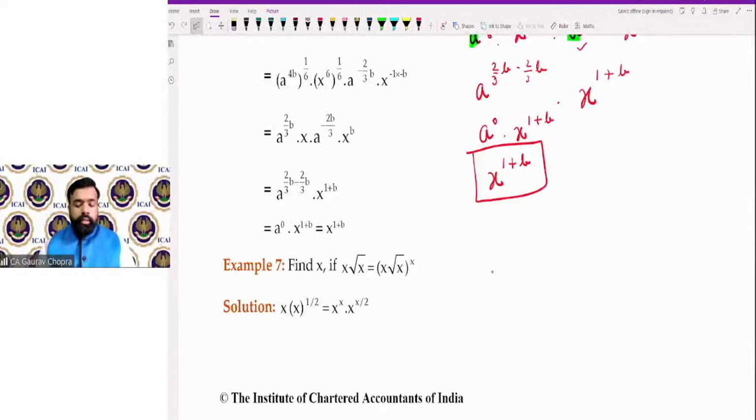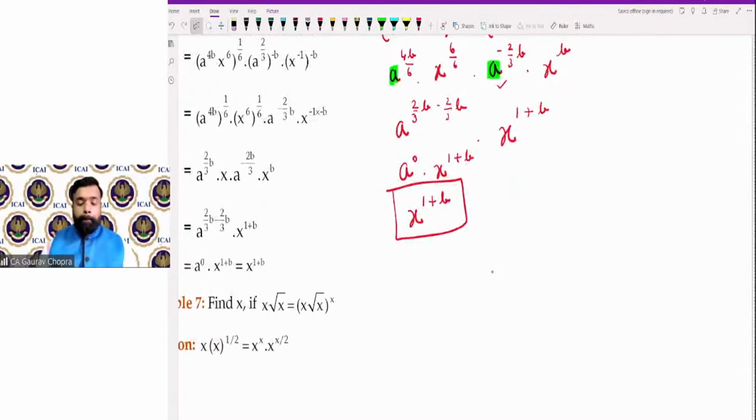So this we have done, example number 6. Now the next one. There is one basic property. That property says if bases are the same, then powers are equal. Let's say if it is written 3 to the power of x is equal to 3 to the power of 5.